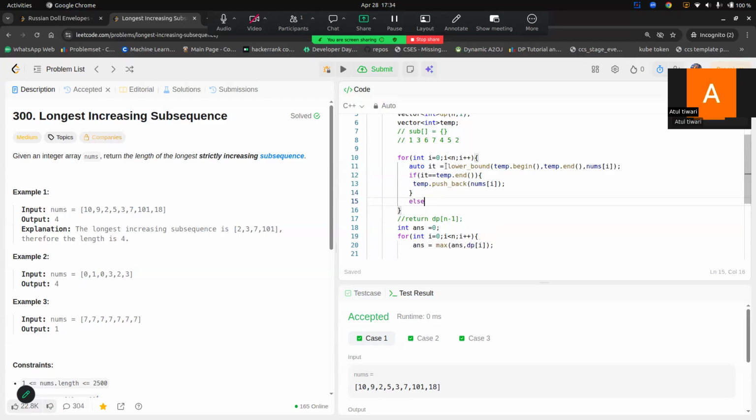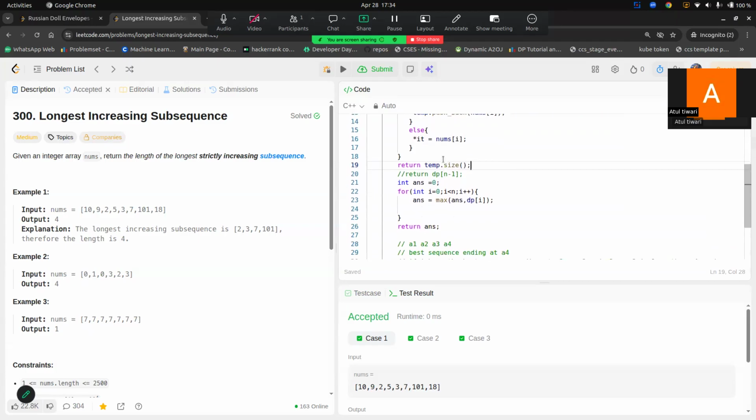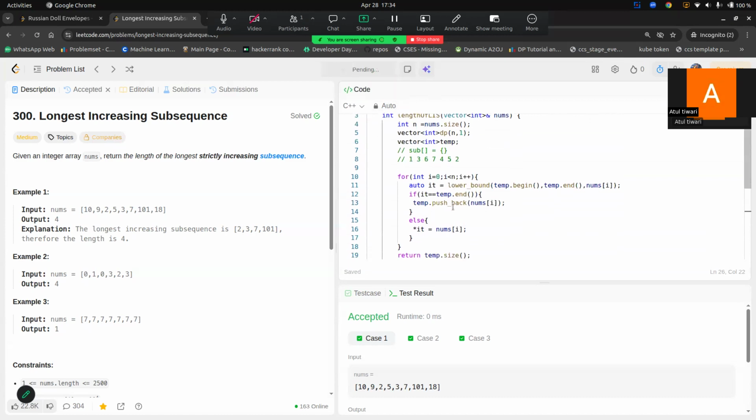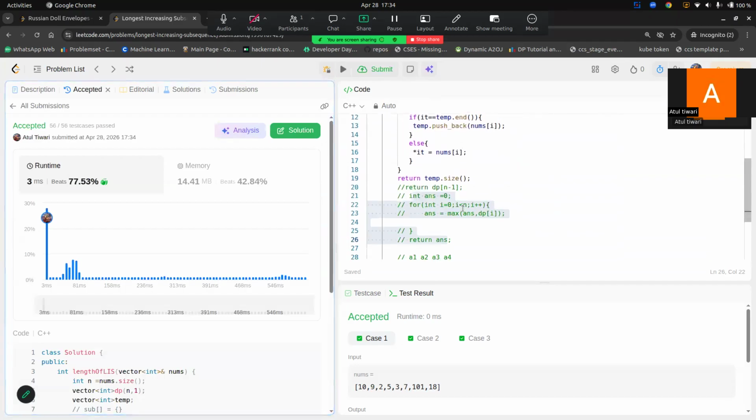Else you replace the number at that iterator with nums[i]. And you just return temp dot size. So you can see this is the way of finding it in O(n log n).